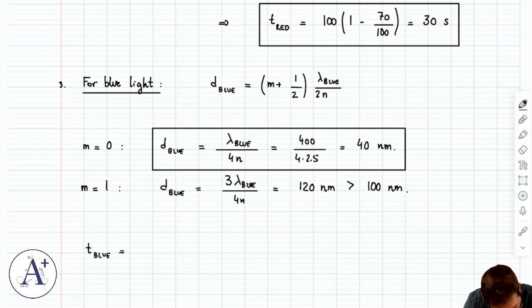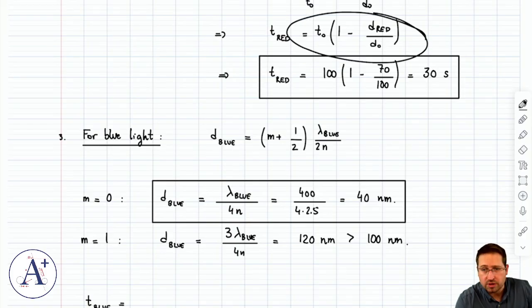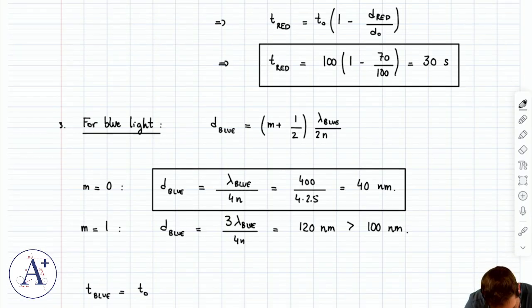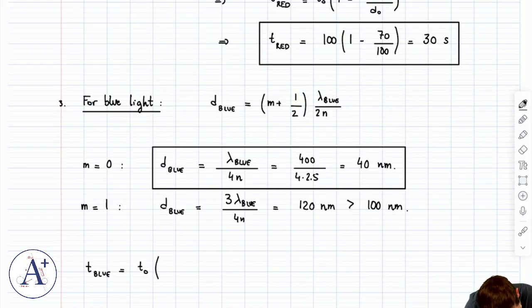t blue is going to be, I'm just going to reuse this. The only difference is I have d blue instead of d red, so it's t0 multiplied by 1 minus d blue over d0. That's going to be 100 times 1 minus 40 over 100.